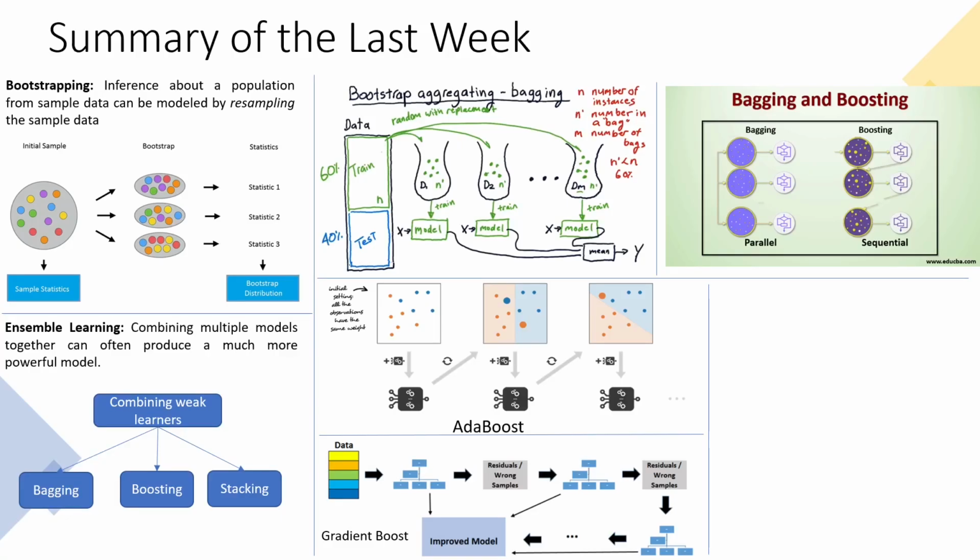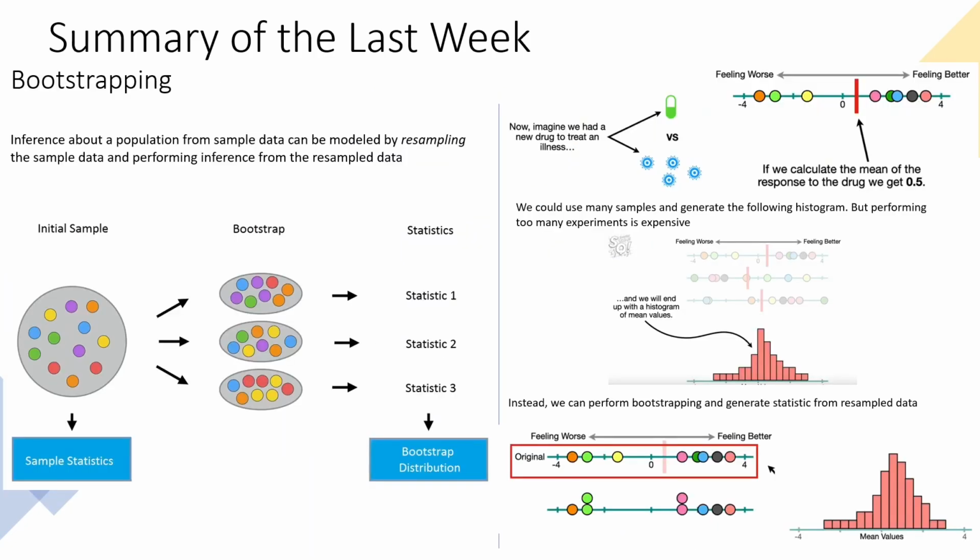Last week was a crowded week. We have seen bootstrapping, we have seen ensemble learning, and we have seen some types of ensemble learning. Let's try to remember. So bootstrapping was an important technique. Basically, that's the technique we use in elections, for example, where you want to predict the result, but you don't have so many samples.